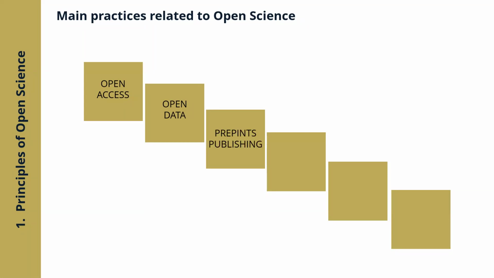The third practice is preprint publishing, which consists of uploading a manuscript to a dedicated repository prior to peer review and formal publication. The first repositories were available more or less during the last decades of the 20th century, which is the 90s, 2000s, okay?